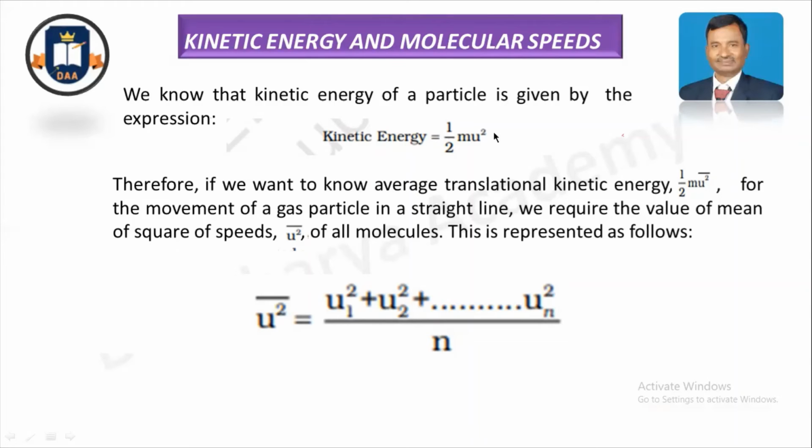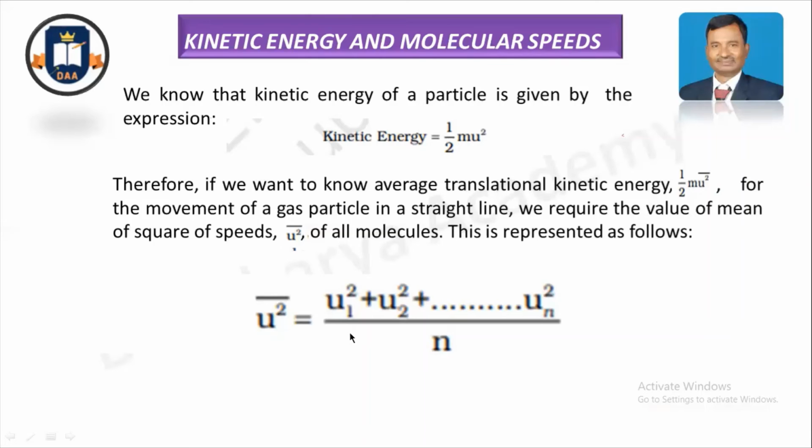Now we'll introduce another term, the mean of the square of the speed, which better represents the speed of molecules. It is denoted by u square bar for all molecules, and it is the mean of the square of speed.